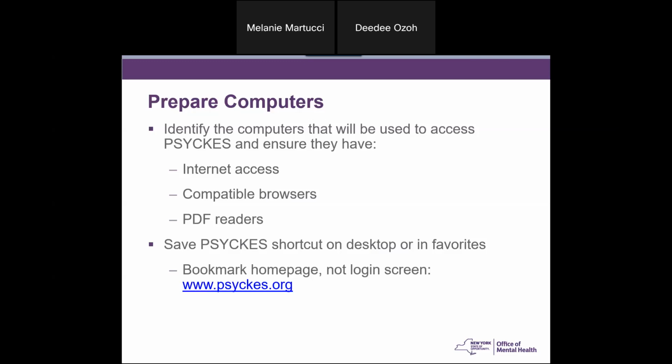Sometimes when people save the actual login screen where you put in your user ID and passcode, it can cause some login errors. So again, we always recommend going to the PSYCKES homepage at psyckes.org first, and then logging into PSYCKES from there each time.